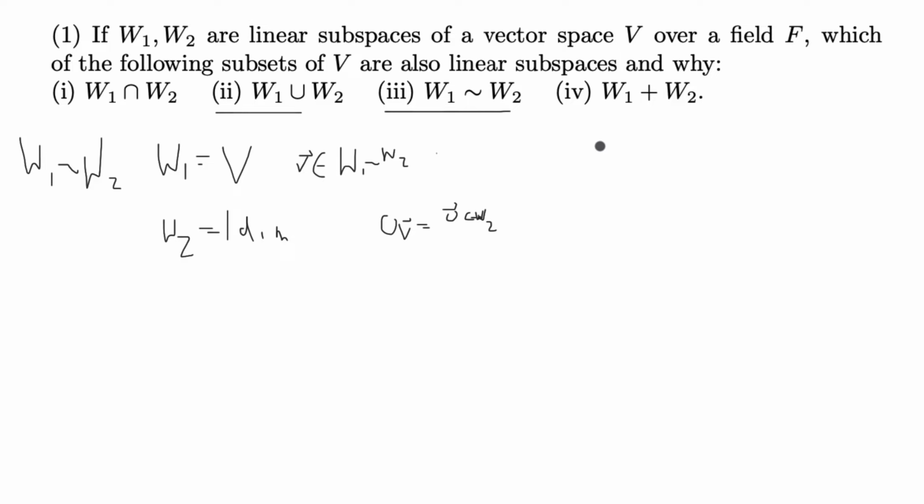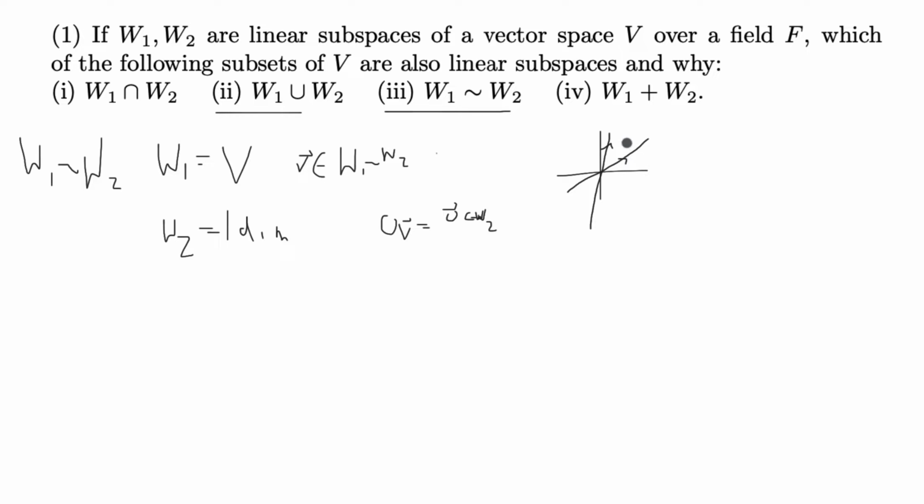For 2, we're also going to do a proof by counterexample, and let's again consider a subspace of R2. The way we do that is we take any two lines passing through the origin, and pretend that these are neater lines than they are. And we see that these are not closed under vector addition.